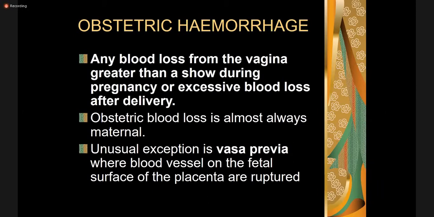The exception is vasa previa. Vasa previa is very rare, where blood vessels on the fetal surface of the placenta are ruptured during ARM or during spontaneous rupture of membranes, and you find that all was well and suddenly the baby goes into distress with severe bradycardia. So this is again an emergency. If you do not pick it up, the baby may die in utero. That is vasa previa.